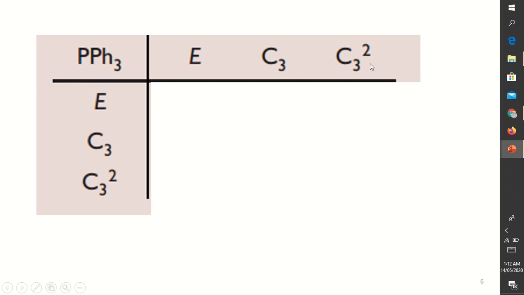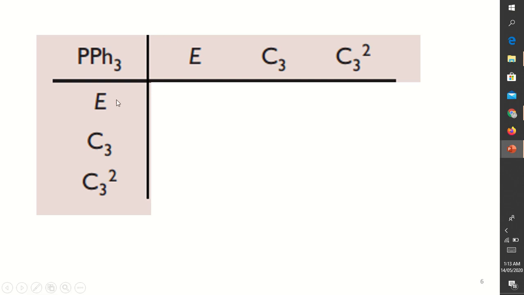Moreover, we have to write the similar symmetry elements and operations in column form, E, C3, C3 twice. Now we are able to multiply one of the symmetry elements in the column with all the symmetry elements and operations in the row. We have to repeat this for all the symmetry operations written in the column with all the symmetry elements and operations written in tabular form in the row.